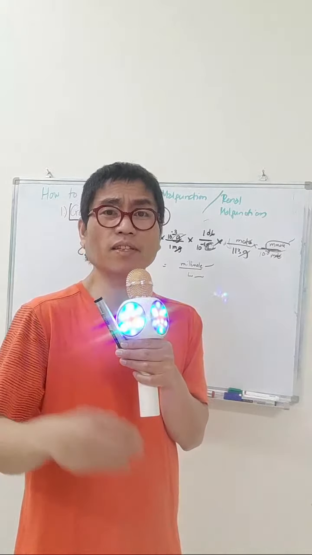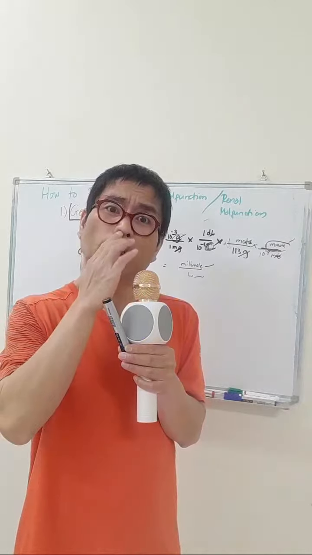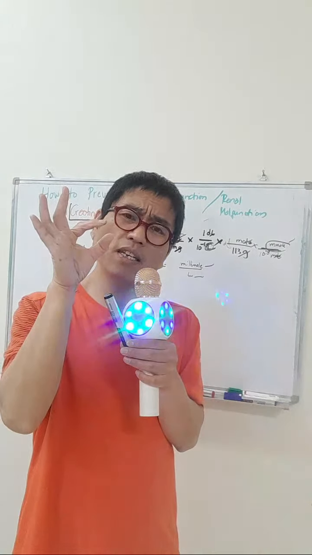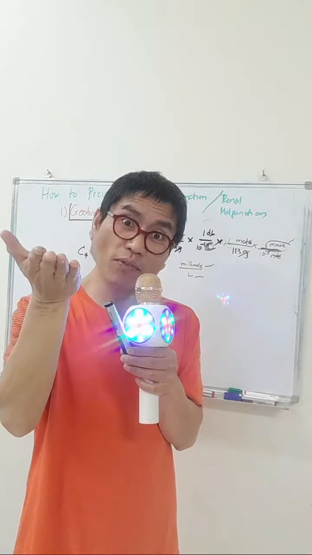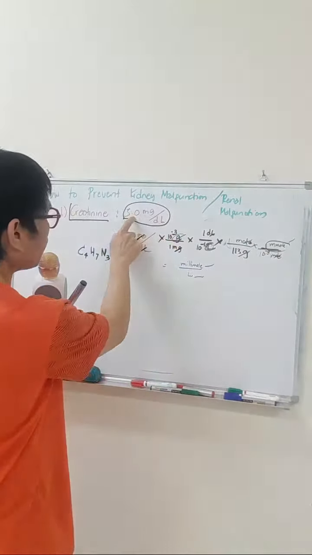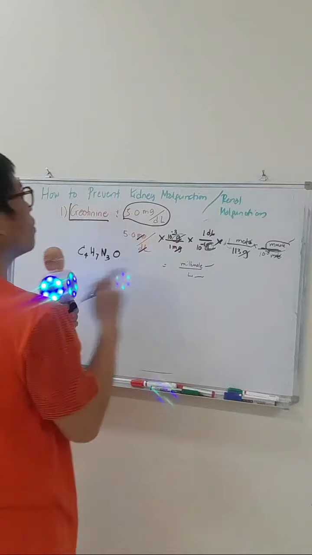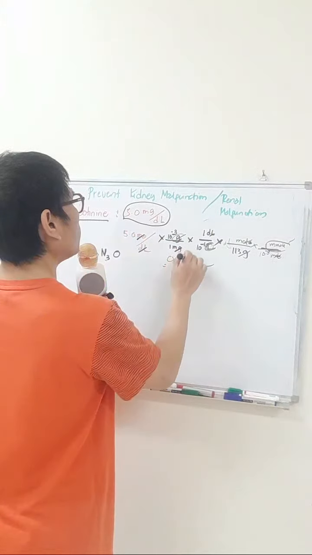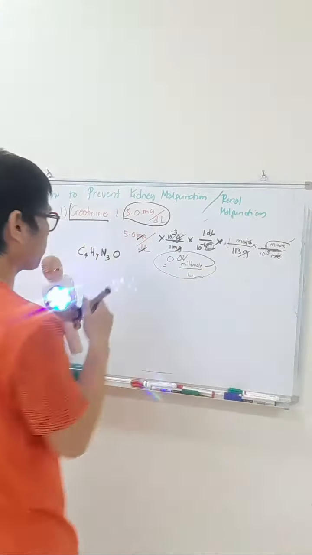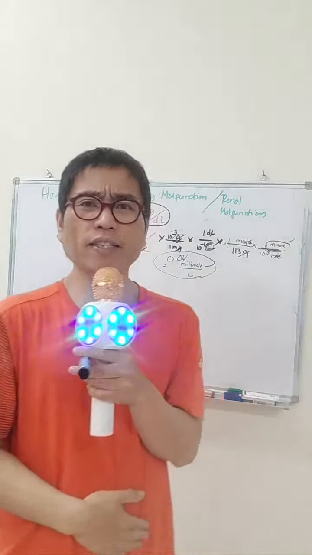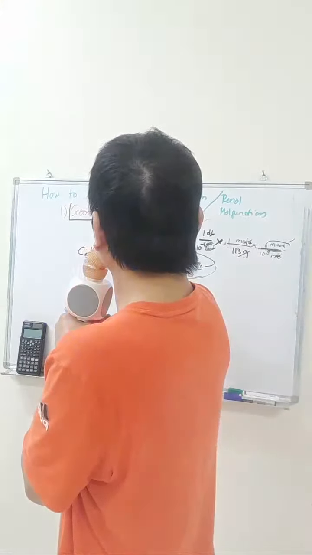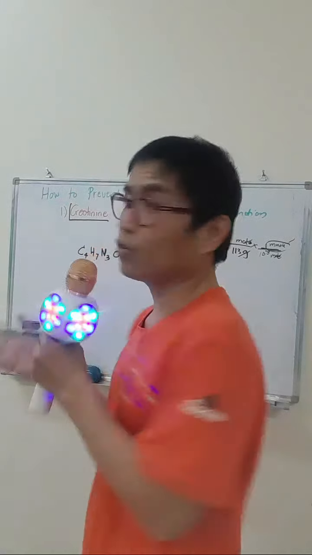The 250 is equivalent to 11.1 millimole, but that's large, right? So make sure that your level of creatinine will not be more than 5 milligrams per deciliter in your medical results.